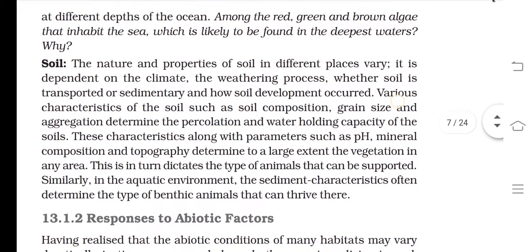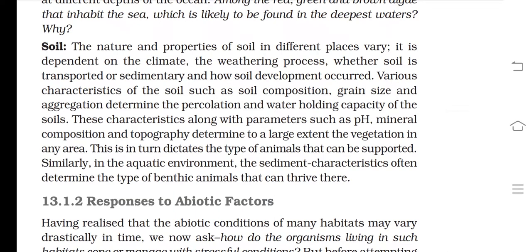And if we are going to revise the last one, which is known as the soil, you know the nature and properties of soil in different types of places. Some factors are there: climate, weathering processes, transport, sedimentary process, development of soil, characteristics like soil composition, grain size, aggregation.